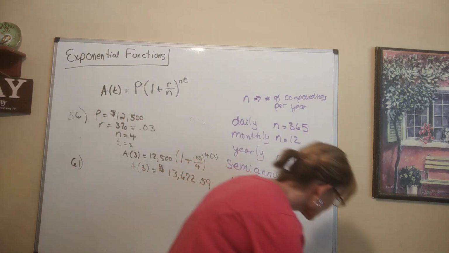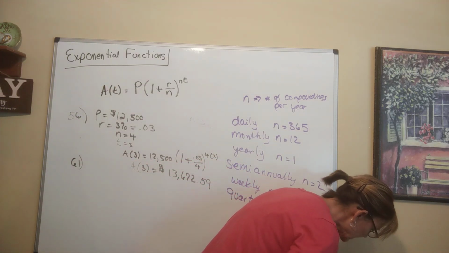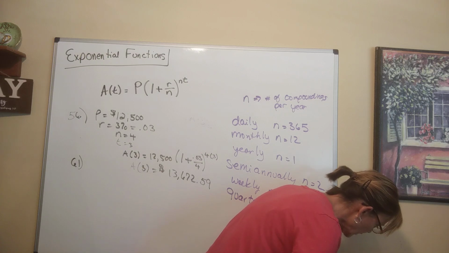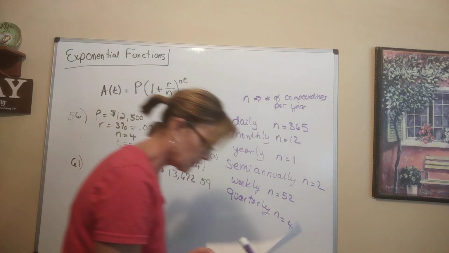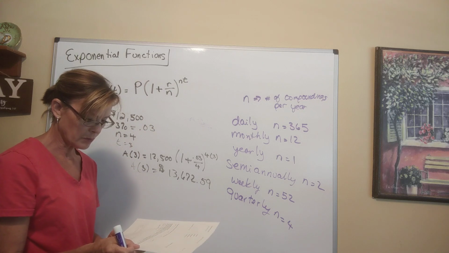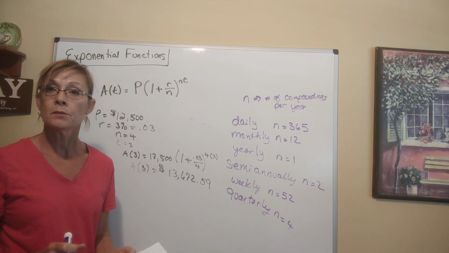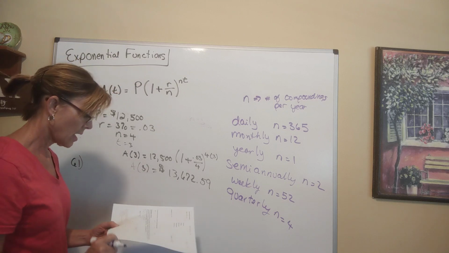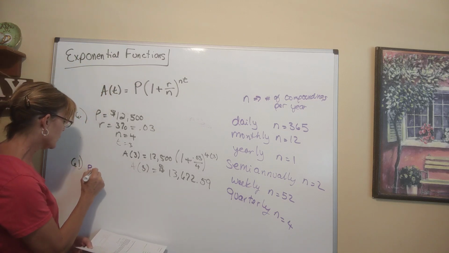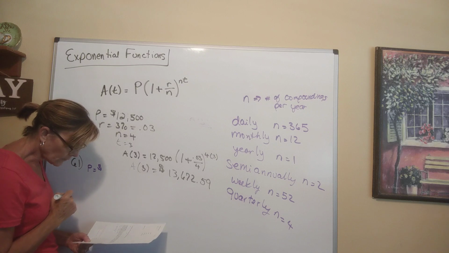So 61 goes like this. Number 61 says our principal is $17,400, and don't be fooled. You will never find, I don't think, an interest rate of 8.1%, but if you do, congratulations.